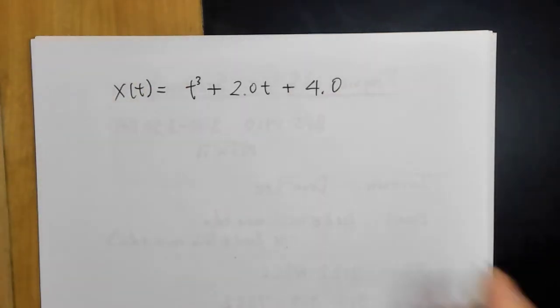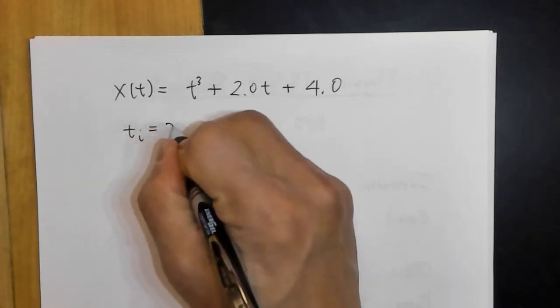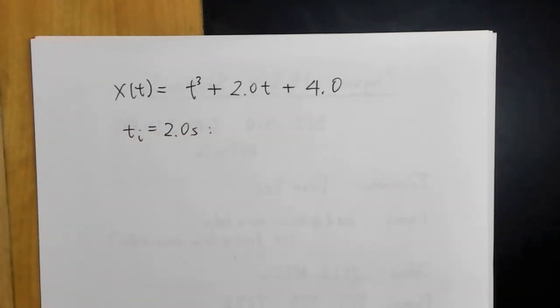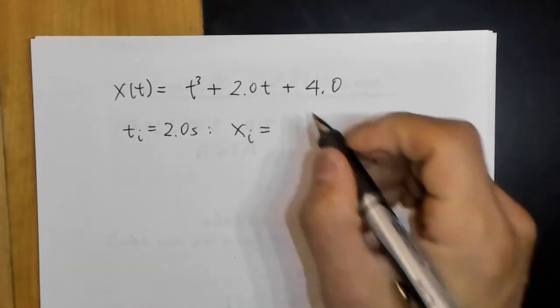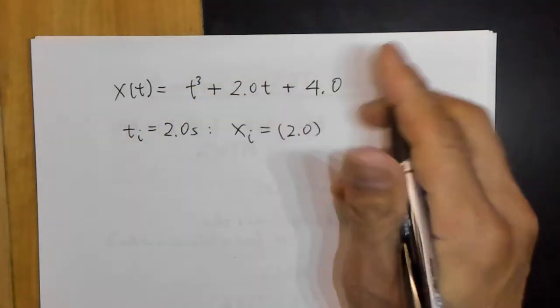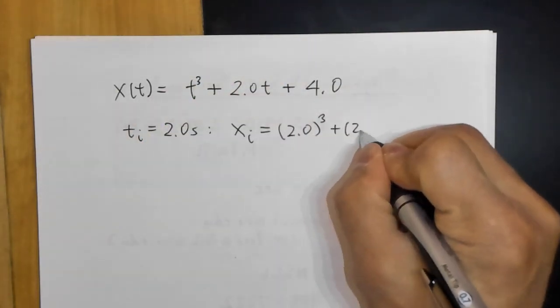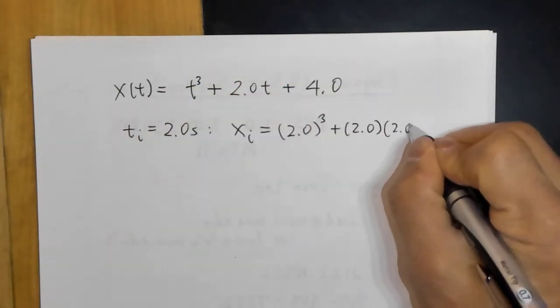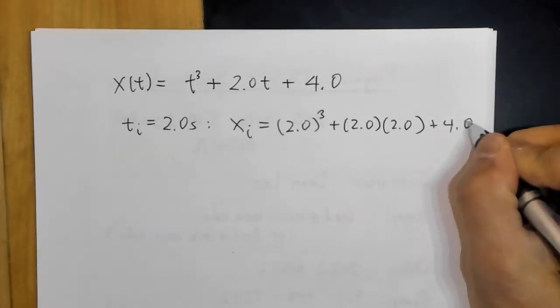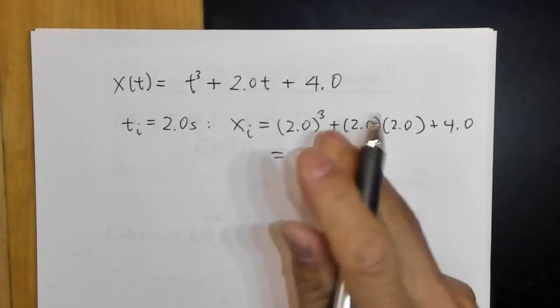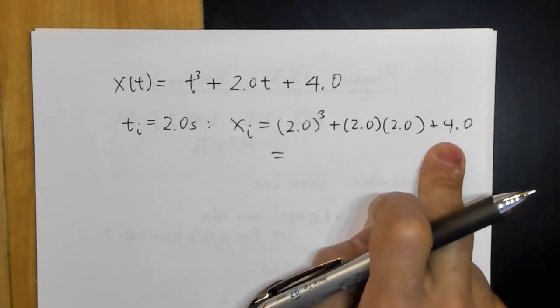And so this part of the problem, we say t initial is equal to 2 seconds. And so if I want to figure out what is the initial x, let's call it xi, then I plug in 2 for my t, cube it, and then I have 2.0 times t, which is 2.0, and then we have 4.0 on the end. So we have 8 plus 4 plus 4, that's 16.